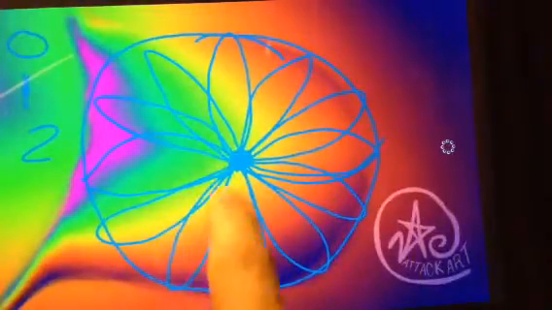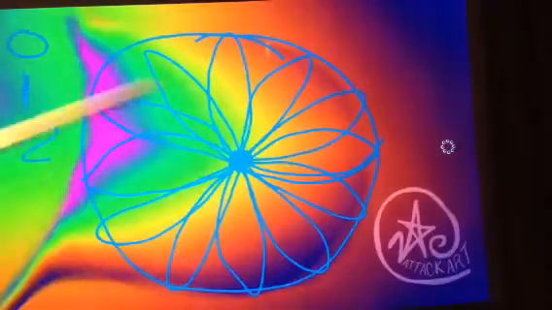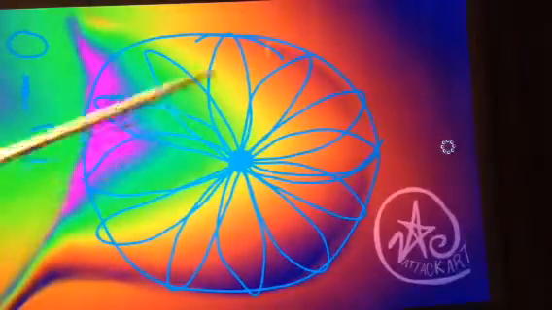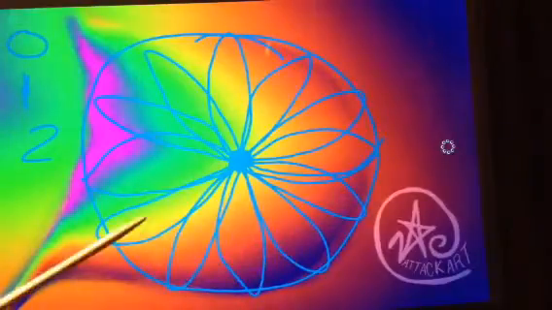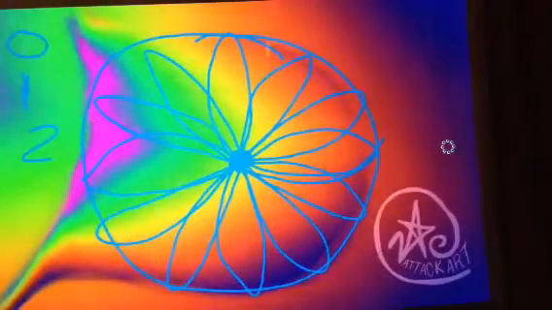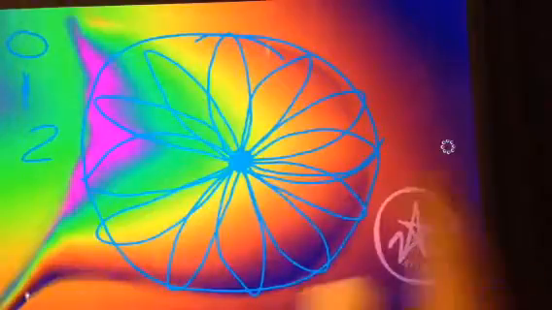and creating the matrix. And then we have here this flower, this 12 petals: 1, 2, 3, 4, 5, 6, 7, 8, 9, 10, 11, 12. 12 petals.